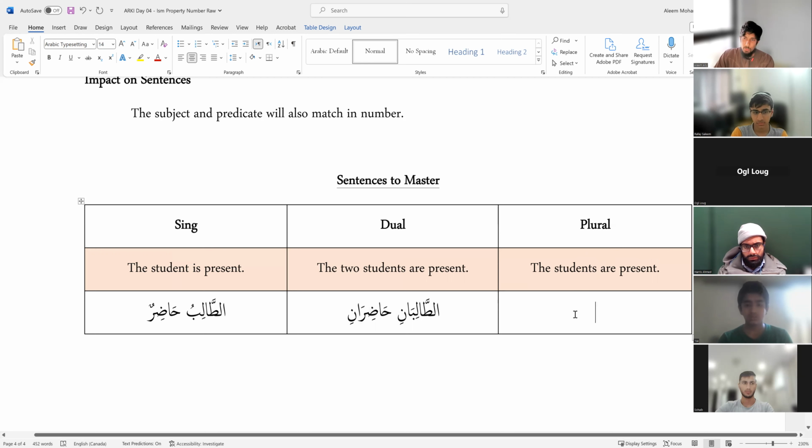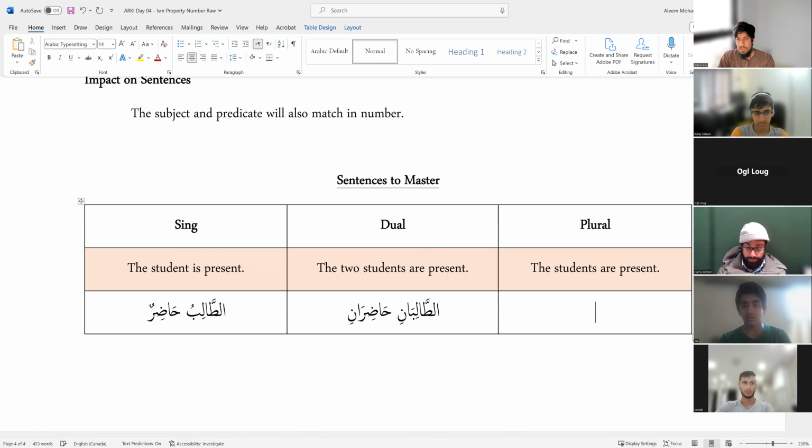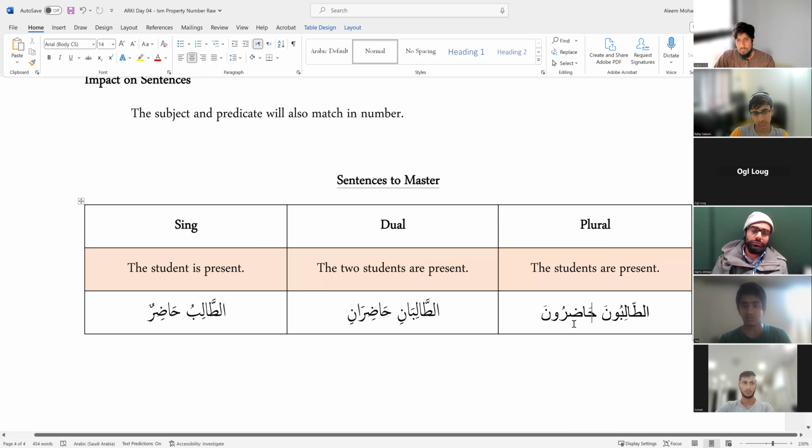And then what if we wanted to do three or more? Well, now we'd have to insert the una ending. So it'd become al-talibuna and then hadiruna, right? So the mubtada and the khabar are matching. This one is definite with alif lam, right?